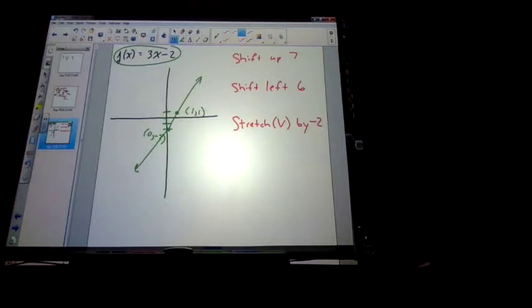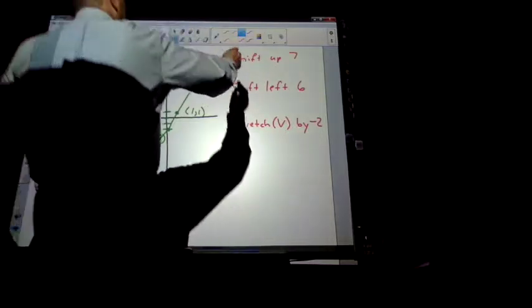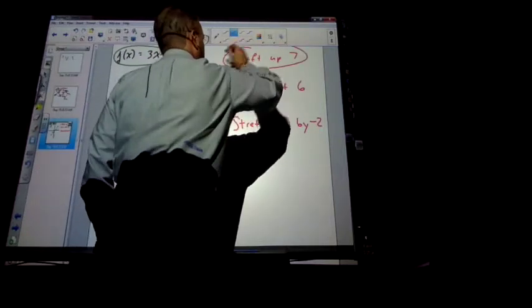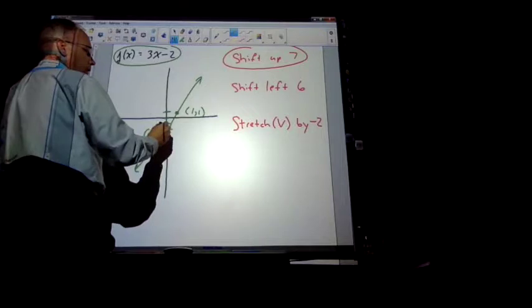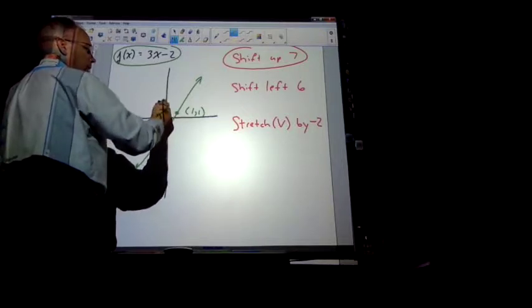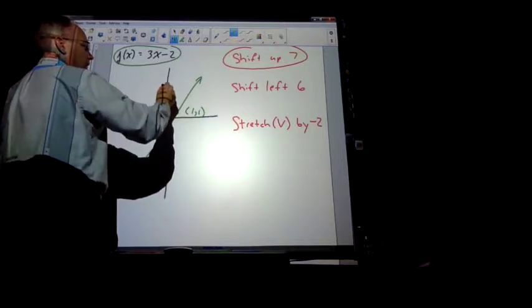If I wanted to shift the whole graph up 7, what's changing? X or Y? Y. Okay, so let's shift this whole graph up 7. This is going to go from -2, so I'm going to shift up 1, 2, 3, 4, 5, 6, 7.